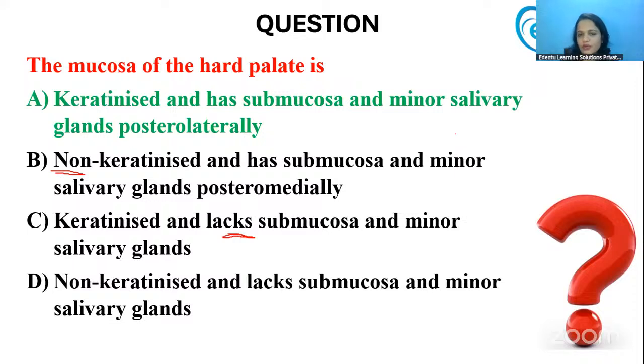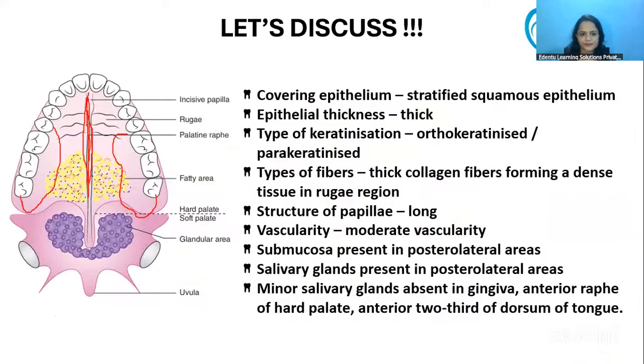Yes, it lacks them only in the anterior or the middle portion of the raphe. Only there it is absent. In the posterolateral side, it is present. Again, the last option is non-keratinized, so it is ruled out. Among the options, the most suitable one is option A. So we are going with option A.